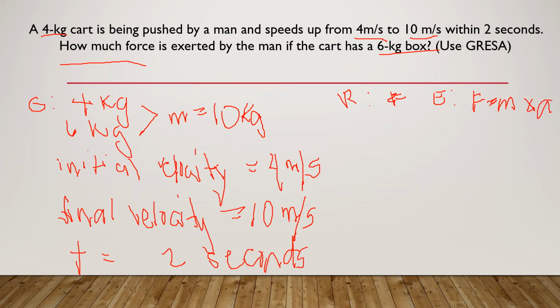You already have 10 kilograms, so you can already substitute the value of mass. But you cannot substitute the value of acceleration since there are two velocities given in the problem. So we need to look first for the value of acceleration.